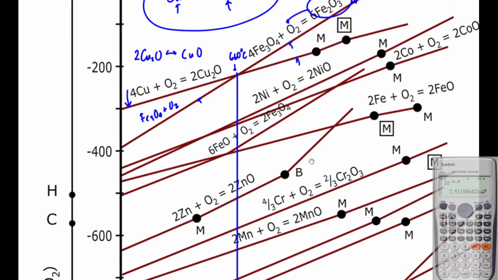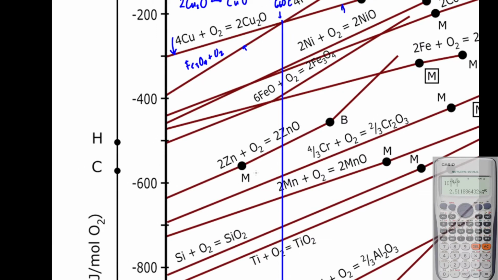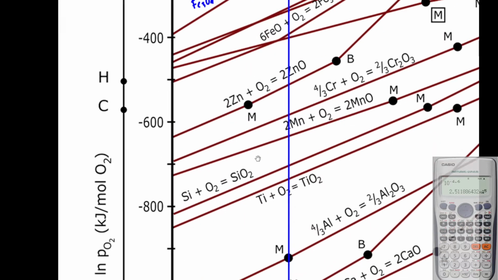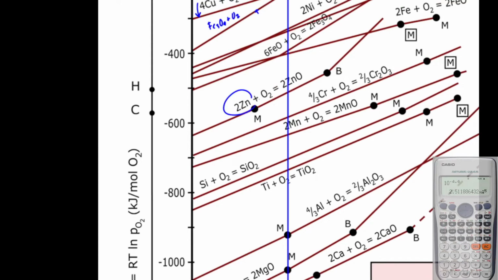So in general, whenever you have a line that is below another line, ibig lang sabihin nun na yung nasa baba will be the reductant, tapos yung nasa taas will be the oxidant, no? So if you look at, tingin tayo ng malayo, no? Kunwari, zinc and titanium, yung line ng zinc is always on top of the line of titanium and never sila nag-intersect.